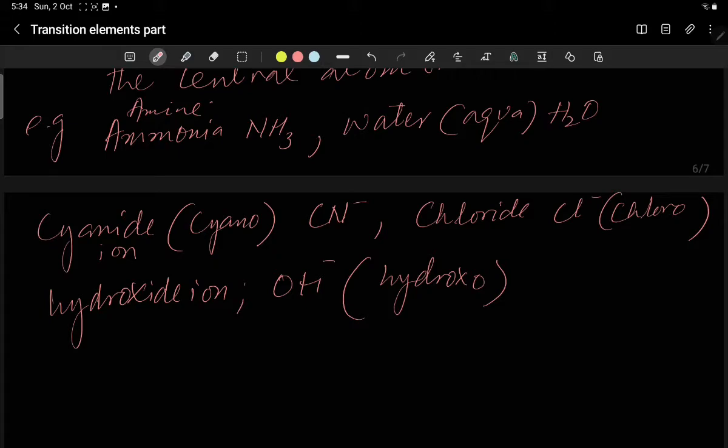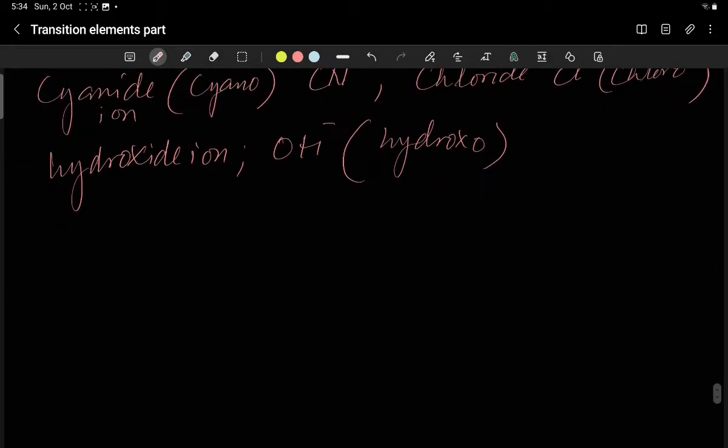These names are used when we write down the name of the complex ion.